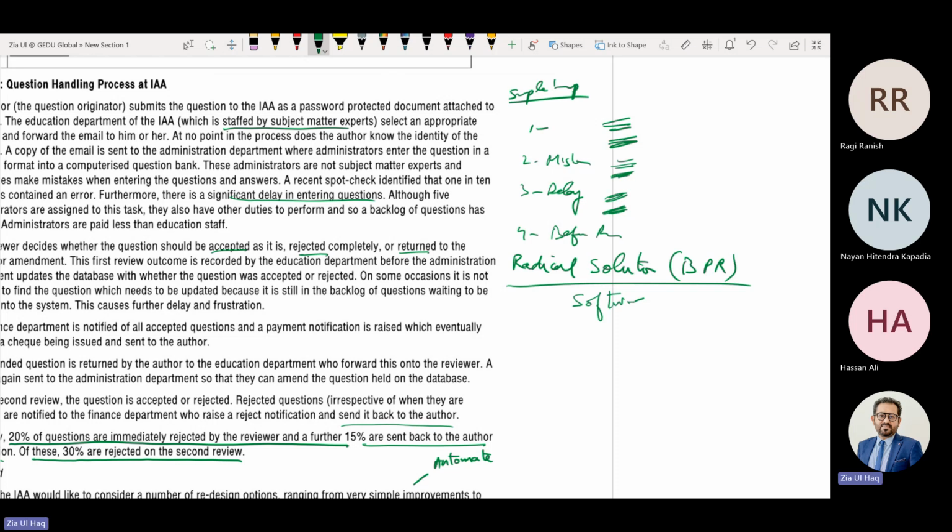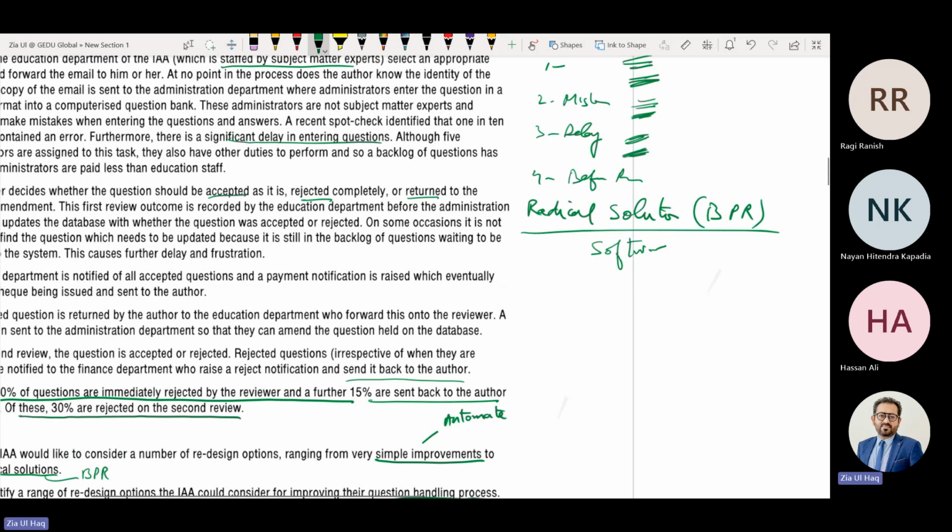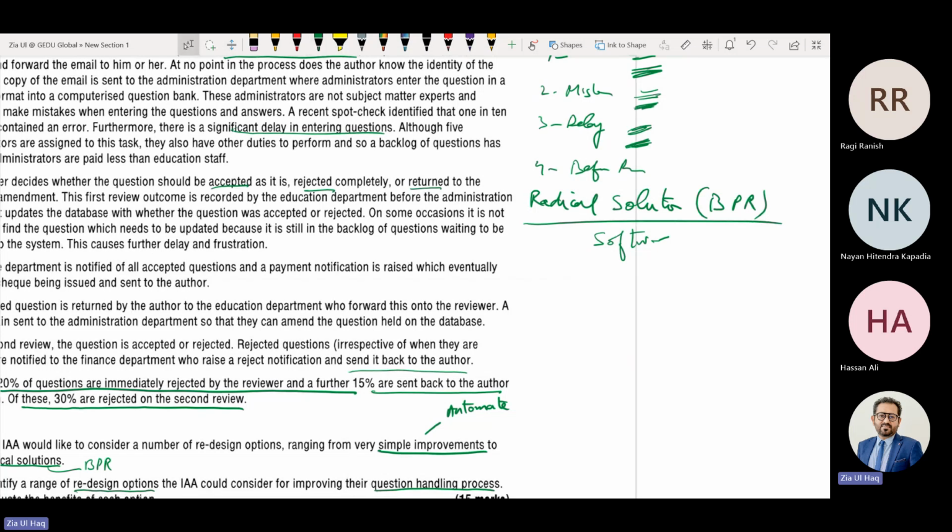What should be the facilities? The author, instead of sending email, should be given a login and password for the software so that he can access the software while sitting at his location and enter the question into the software.